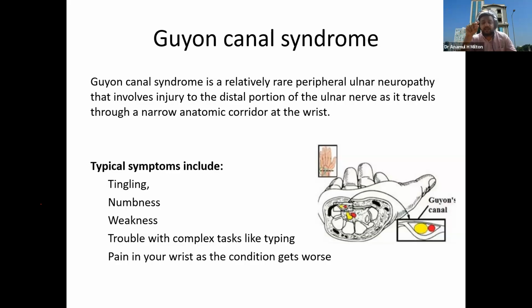If there is compression, either from outside, or by a ganglion, or any growth or bony osteophytes from osteoarthritis, it compresses the ulnar nerve, causing tingling, numbness, weakness, and trouble with complex tasks like holding a pen and writing. These are considered Guyon's canal symptoms.